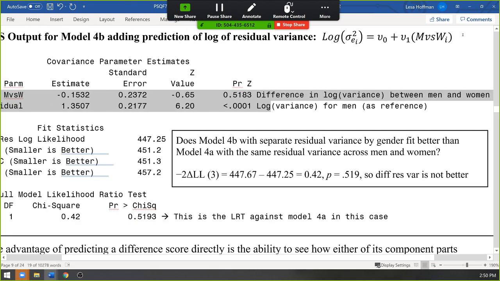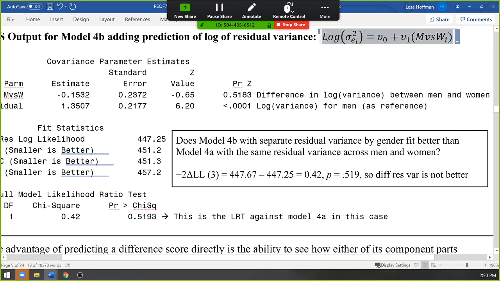So what we're doing is, in addition to fitting a model that has fixed effects to predict the difference score, that the mean difference score differs by gender, what we're also doing simultaneously is a variance model in which the residual variance gets to differ by gender too.